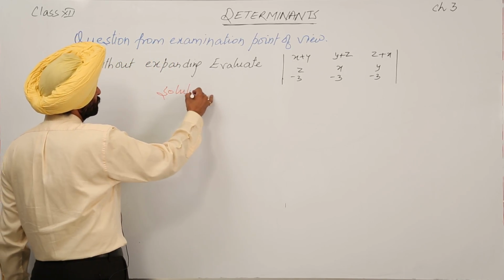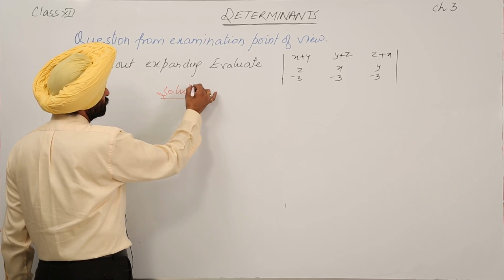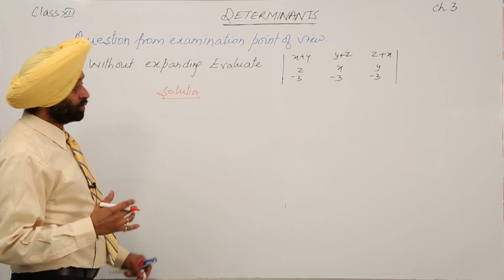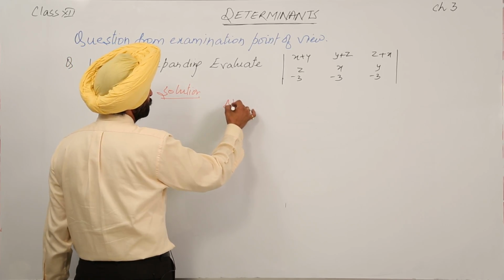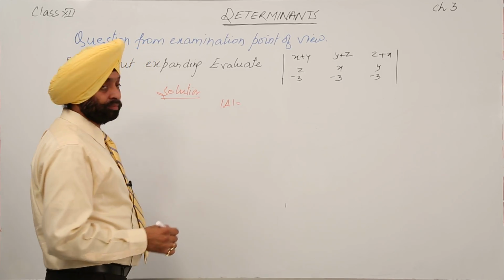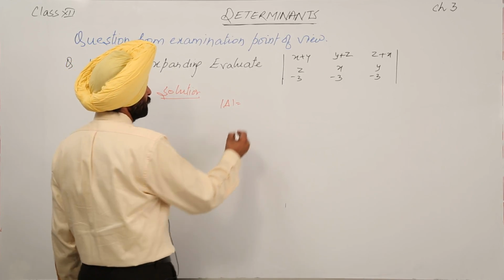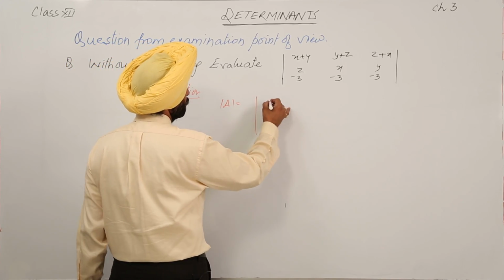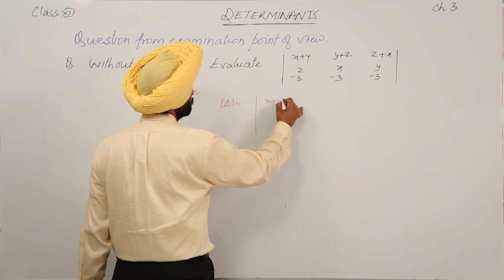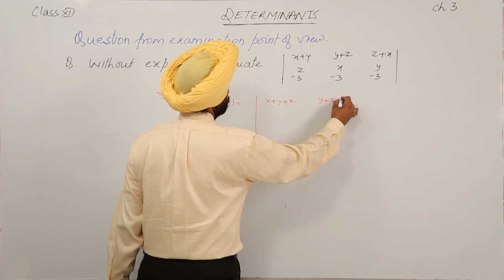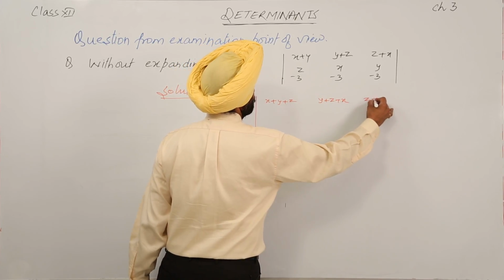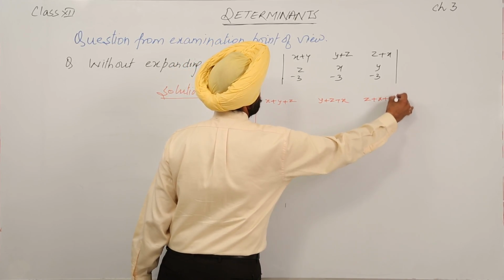We can go through the question, looking at what it appears at first sight. Now it appears that the determinant is what? Now we are writing x plus y plus z, y plus z plus x, z plus x plus y.